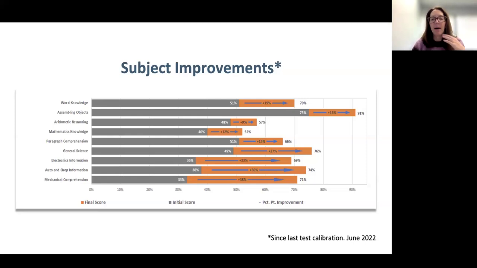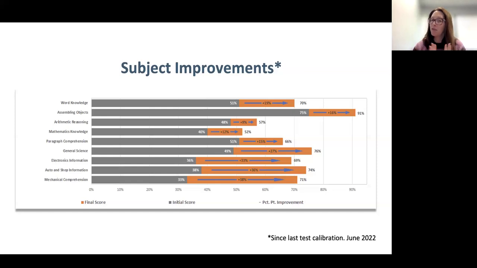It might take one service member 7 days and they're just plowing through the material. It might take another service member 3 months because they're doing a half an hour every 3 days. It also depends on how much the service member needs to refresh and improve upon their skills.